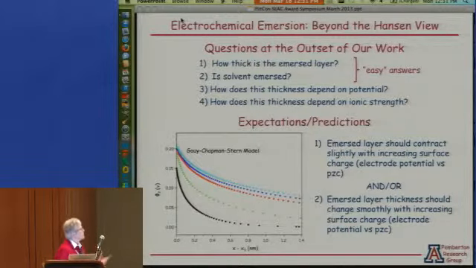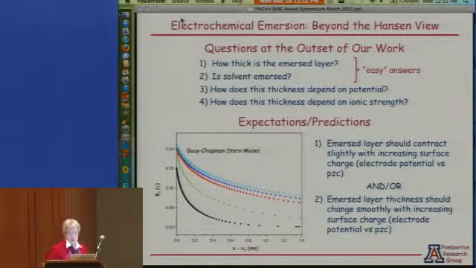You start with some naive expectations and predictions, and for electrochemical interfaces you start with a simple Gouy-Chapman-Stern model, which suggests that the double layer becomes more compact as the potential or the ionic strength increases. You predict that these immersed layers should slightly contract with increasing surface charge, in other words increasing surface potential, and/or that you would expect some kind of smooth systematic change with change in potential.